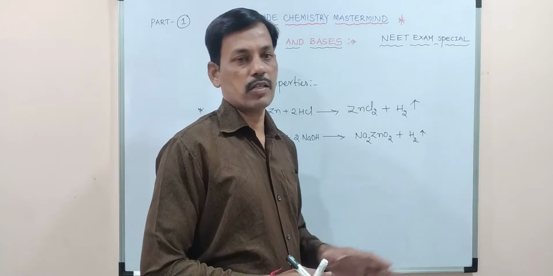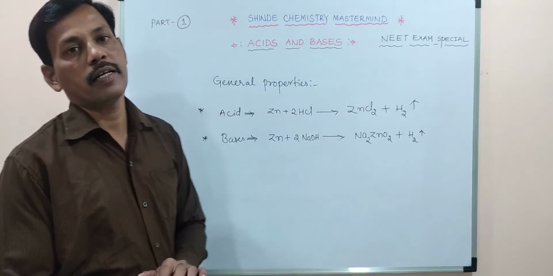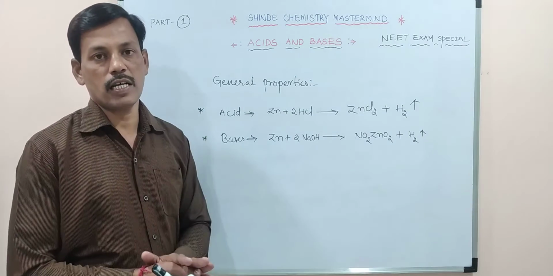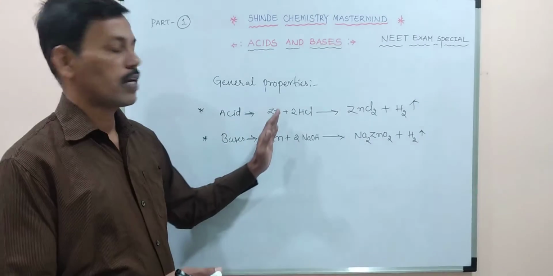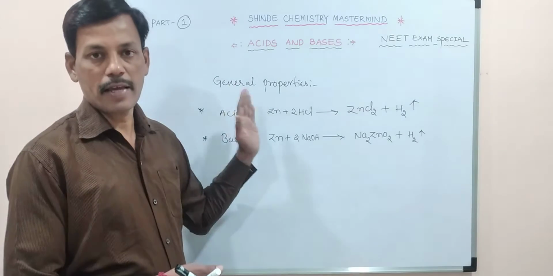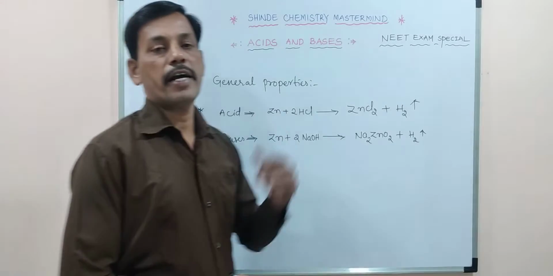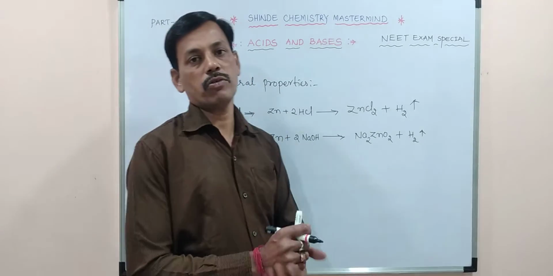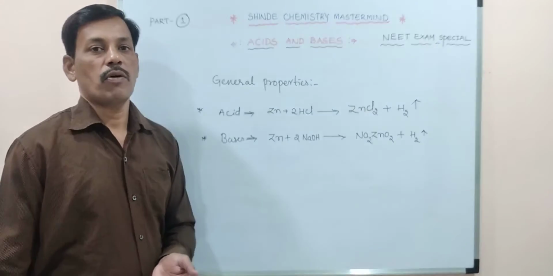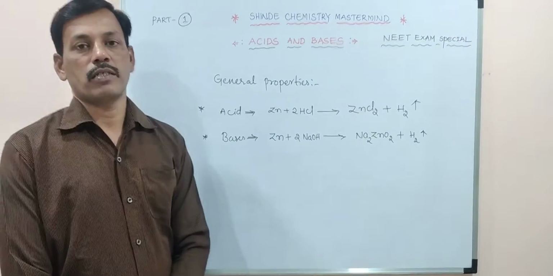In this reaction also hydrogen gas is liberated. So generally acids and bases react with metals like zinc and give hydrogen gas. This is a property of acids and bases.